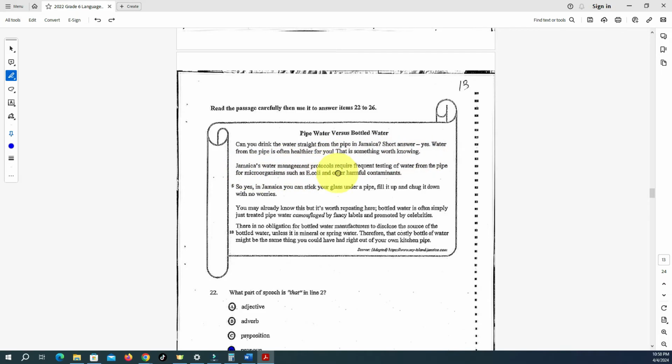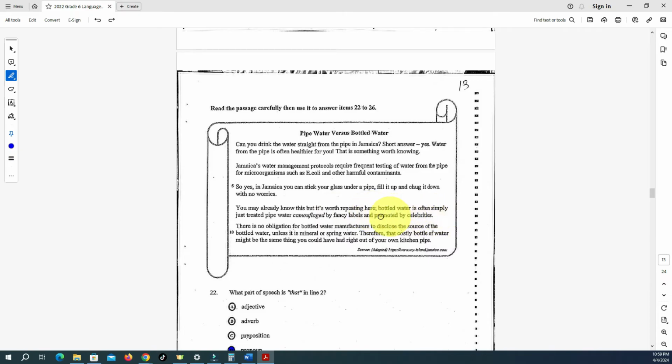Jamaica's water management protocols require frequent testing of water from the pipe for microorganisms such as E. coli, and other harmful contaminants. So yes, in Jamaica you can stick your glass under a pipe, fill it up, and chug it down with no worries.